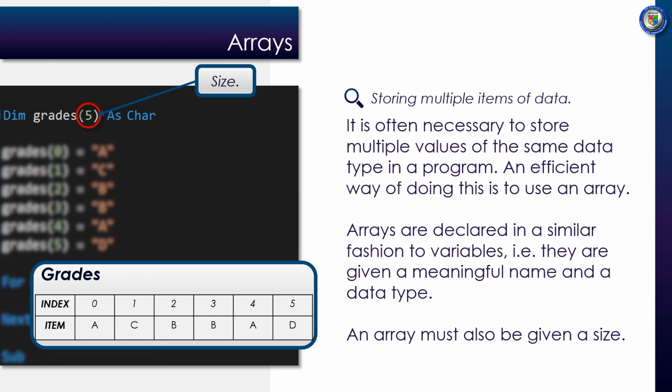From the table below, you can see our array grades has 6 indexes. The reason for this is that our array elements always start at index 0. 0, 1, 2, 3, 4, 5 gives us 6 elements in total. Also in the table, you can see the items of data that are stored within each element.